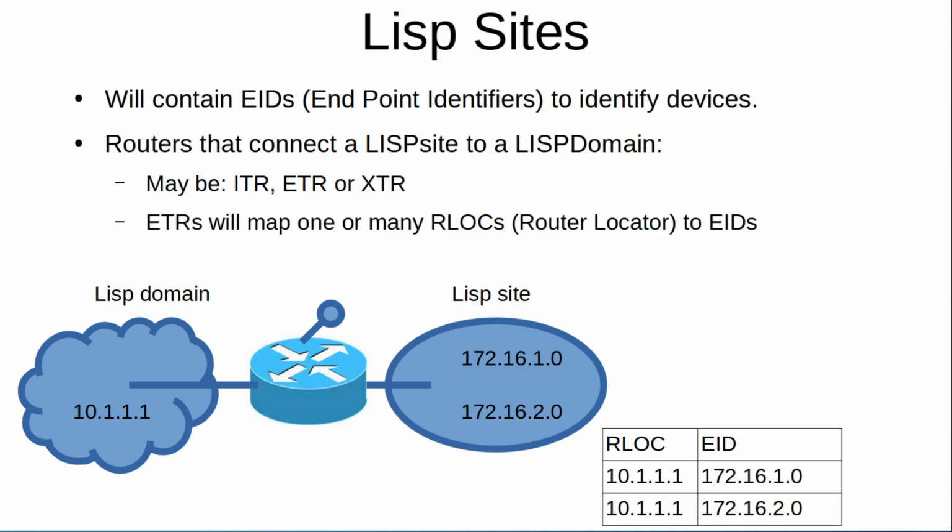Also, routers that connect Lisp sites to a Lisp domain can be ITRs, ETRs, or XTRs. The ETRs will map one or many RLOCs, router locators, to EIDs. And notice also that we are not saying that RLOCs, router locators, are either IPv4 or IPv6 addresses.